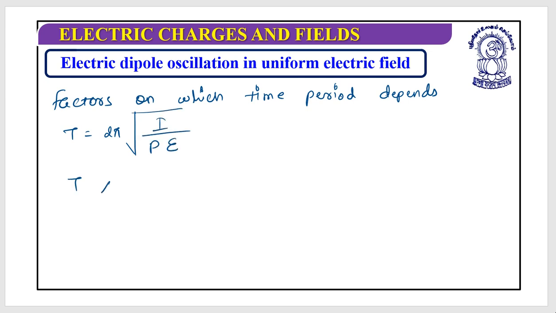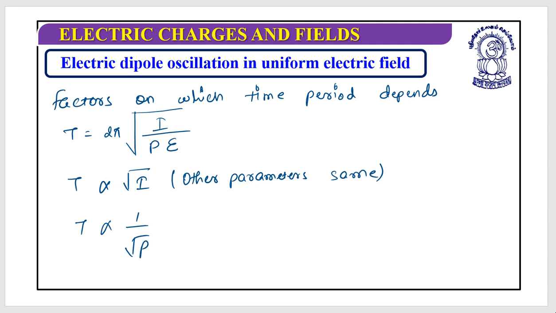So if all other things remain constant, T is directly proportional to root of I. T is inversely proportional to the root of the dipole moment, other parameters being the same. And last but not the least, T is inversely proportional to the root of E, other parameters the same.